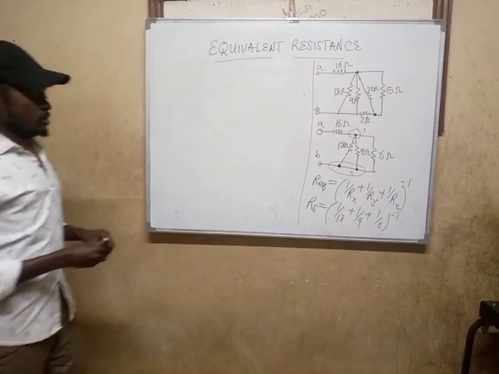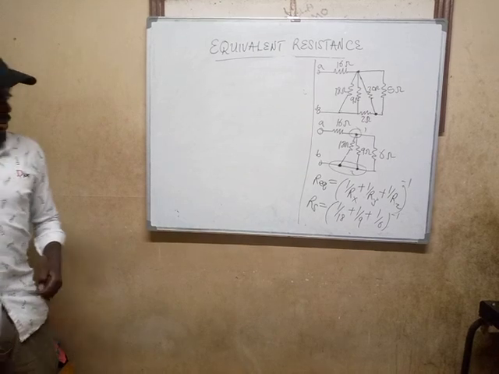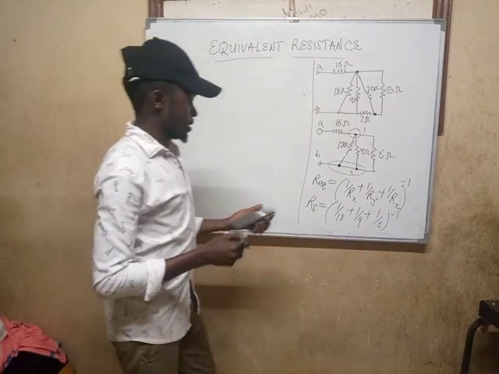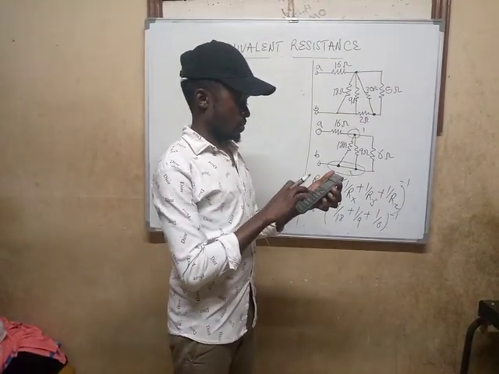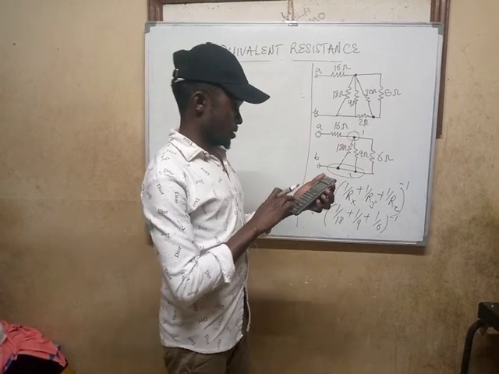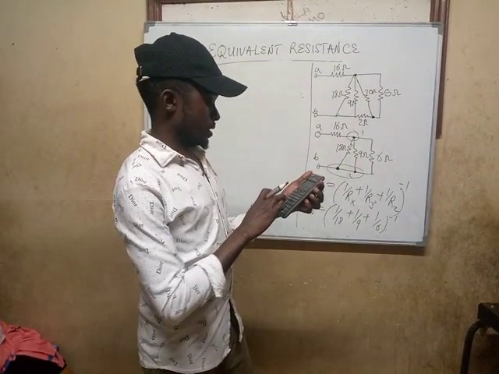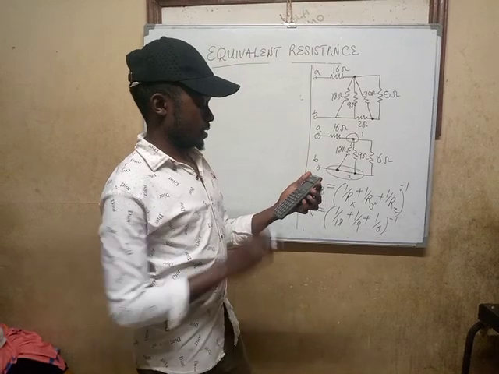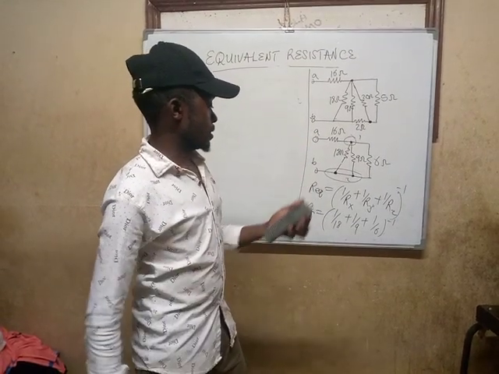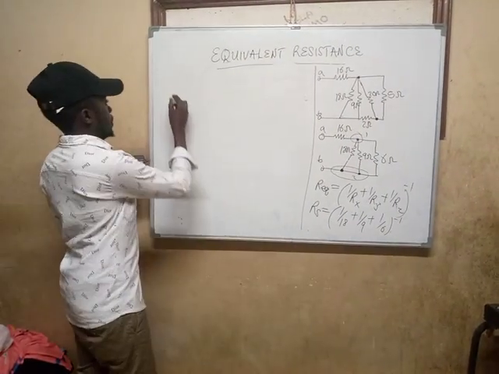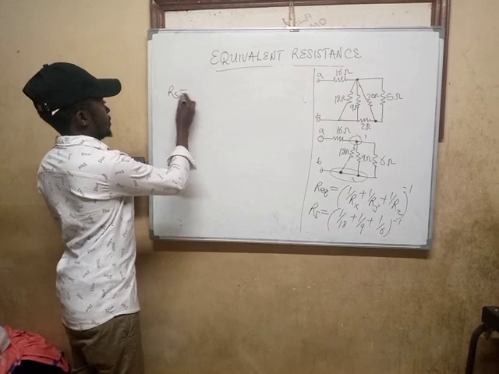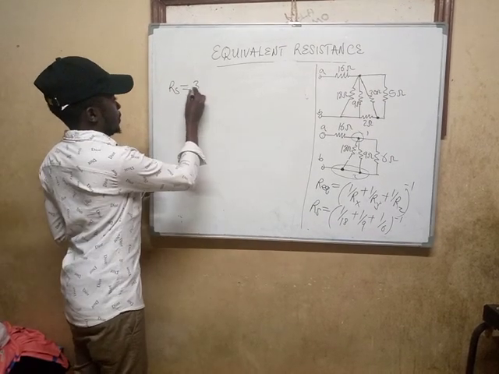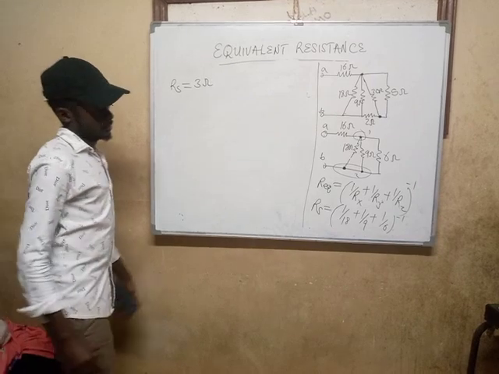So what would be the answer? The answer is the inverse of 1 over 18 plus 1 over 9 plus 1 over 6. So I'm getting R5 as 3 ohm.